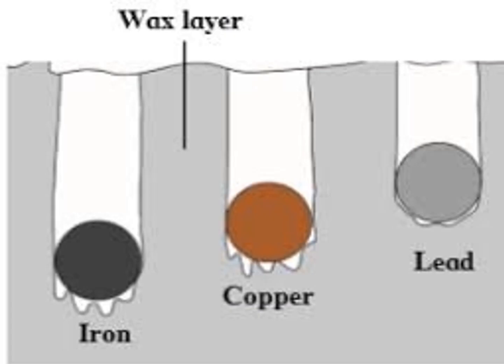Now, coming to the most important part of the chapter, that is specific heat. To understand specific heat, we will look at this picture. Here I have taken an iron ball, a copper ball, and a lead ball, which are of the same mass. I've put them in a vessel and I've heated all of them for the same time.